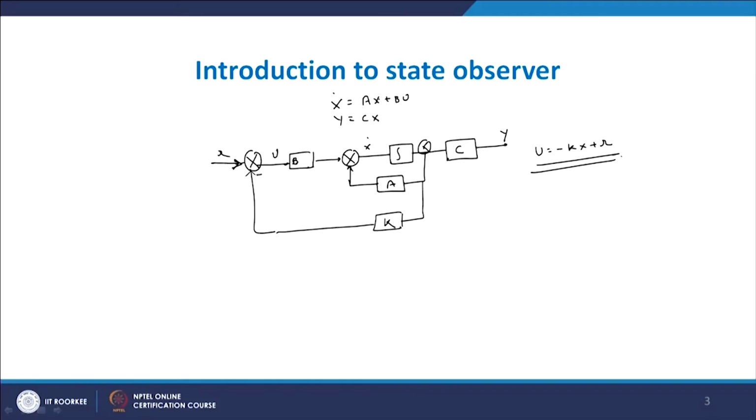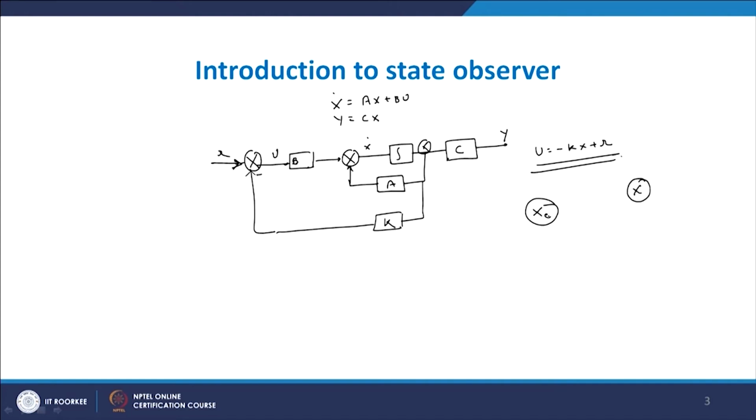So how to estimate the state? The estimation of the state depends upon the elements of A and B, and we have input u. Assume that we have estimated state x_e, this is the estimated state, and x is the original state.